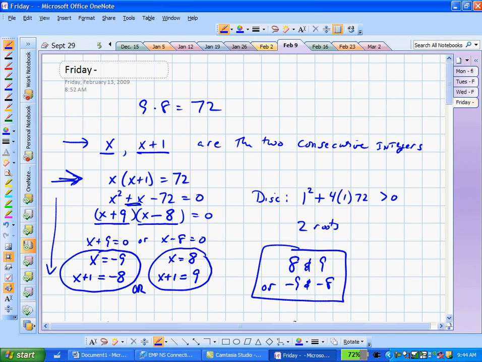Sometimes it leads us to false answers, and we have to say, nope, those answers don't make sense. They're off our domain, right? But the setup and the execution is really what we're trying to do. So this is a trivial problem, but it had some nice things about it. The setup and execution is even more important when you don't know the answer off the top of your head, obviously. Okay, well that's that. We'll leave that as a quick demo.